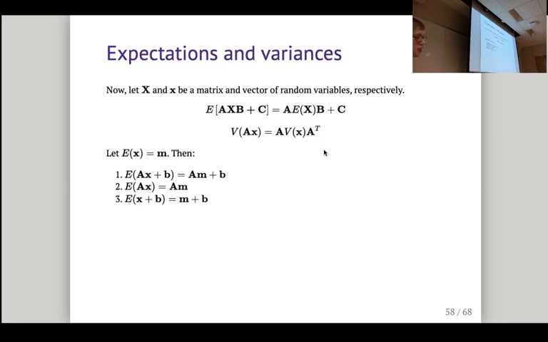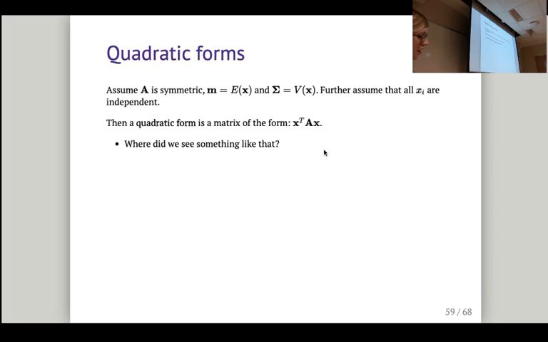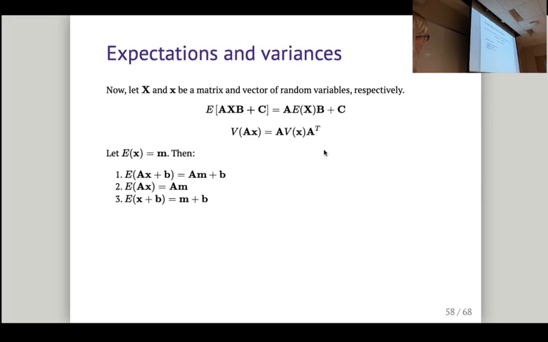There are some other expected values of these vectors. I'll go back. The expected value of Ax plus b, for example, is A times the mean vector m, where m is the vector of the means of the x's, plus b.